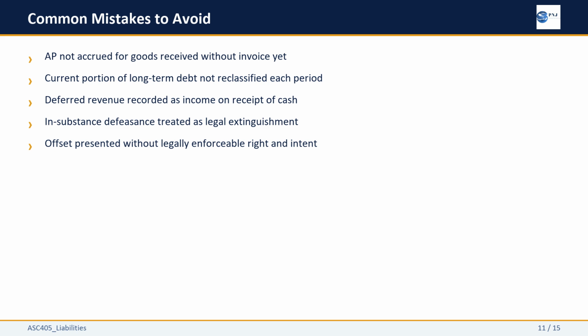Any cash received in advance for future services is a contract liability first, not revenue. In substance, defeasance does not extinguish a liability. You need a legal release from the creditor. And offsetting without both required conditions is one of the most common balance sheet presentation errors auditors flag. Add these to your mental checklist every time you close.